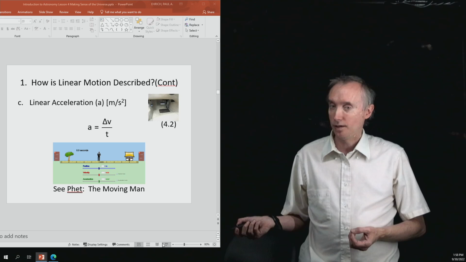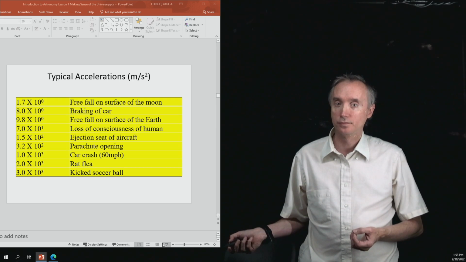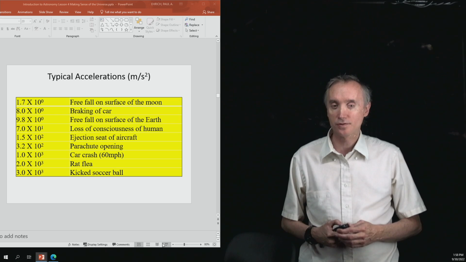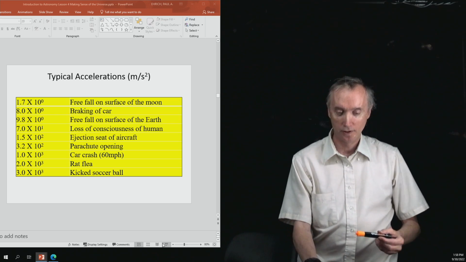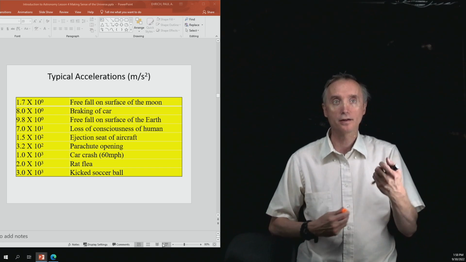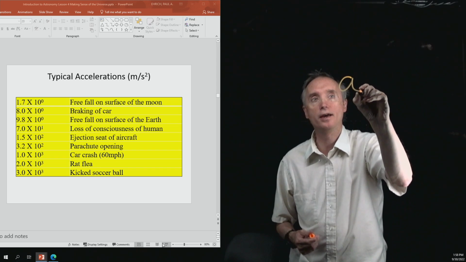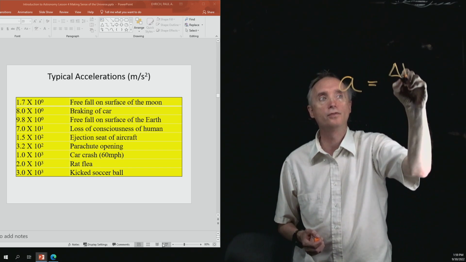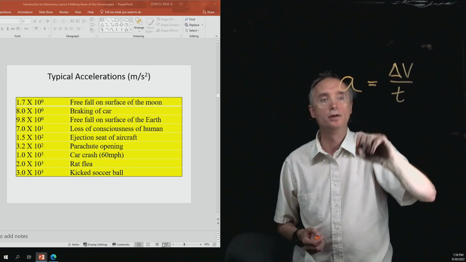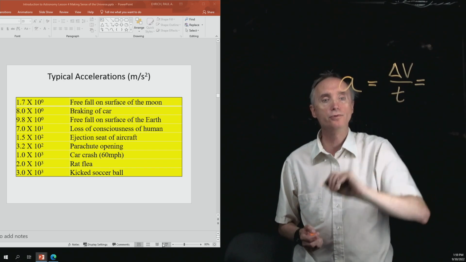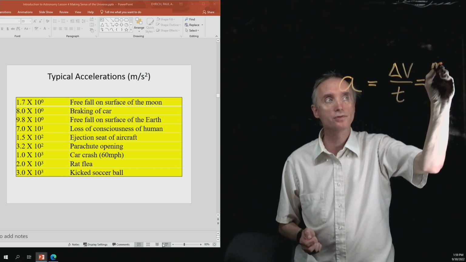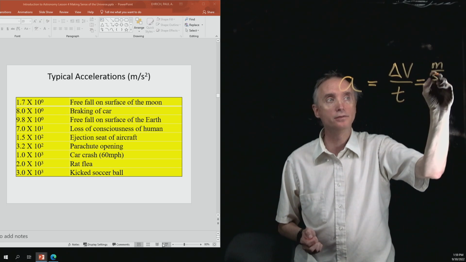Here are some typical accelerations in meters per second squared. Where did that come from? Let's go back. Acceleration A was equal to the change in velocity over time. What was the unit for velocity? Meters per second.